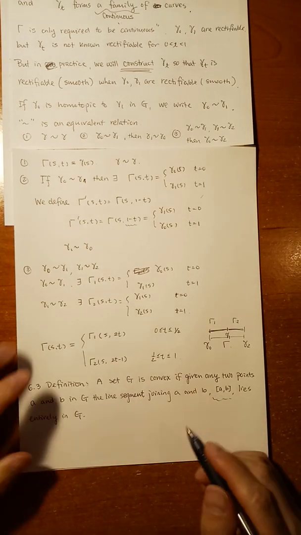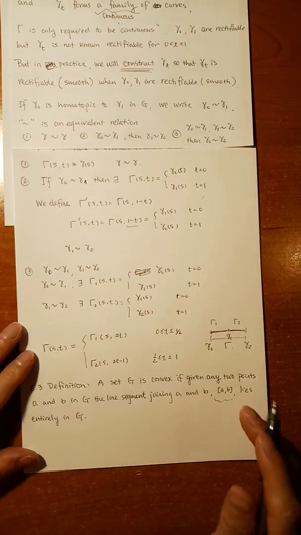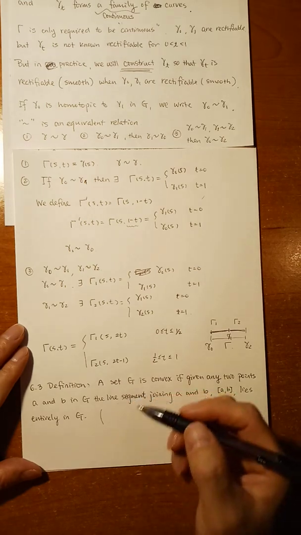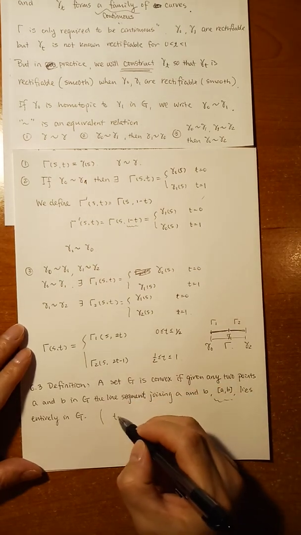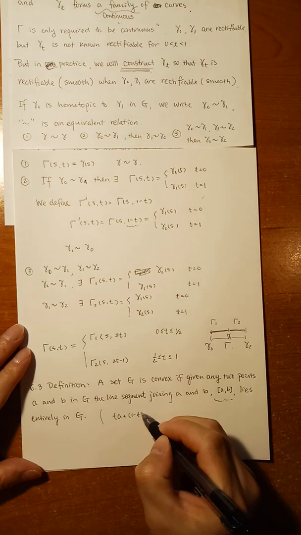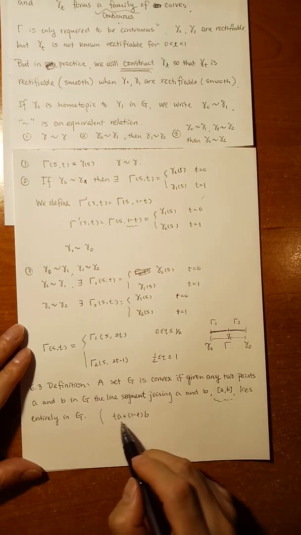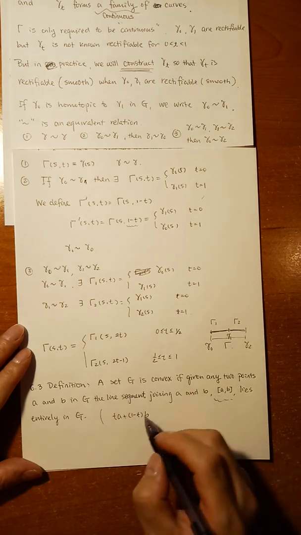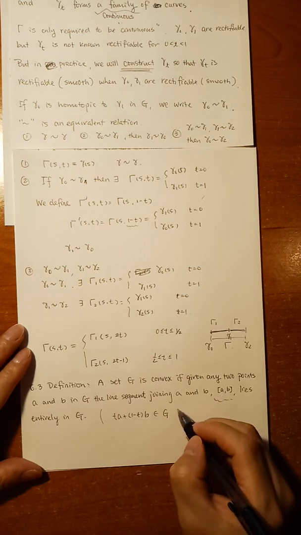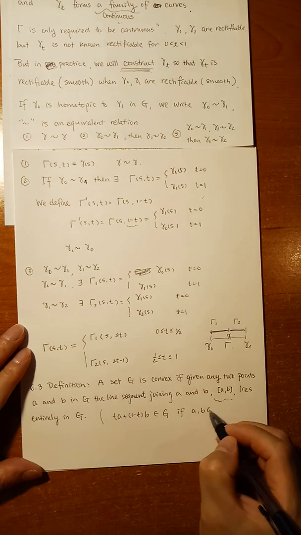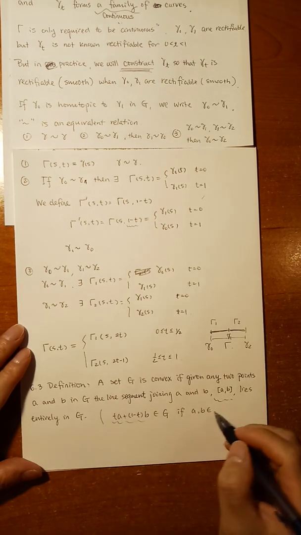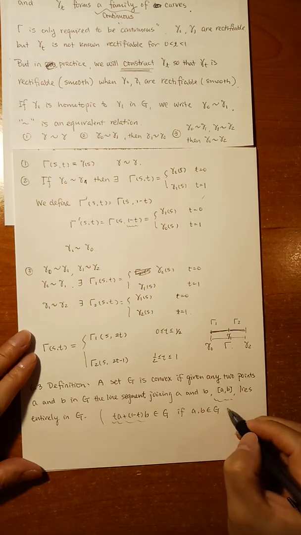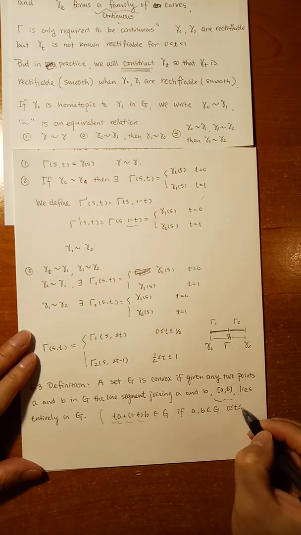And there's another definition for this convex set. Remember, there's a so-called convex combination, tA plus (1 minus t)B. This is actually the parametric representation for the line segment. The convex combination always belongs to G if A, B belong to G and t between 0 and 1.